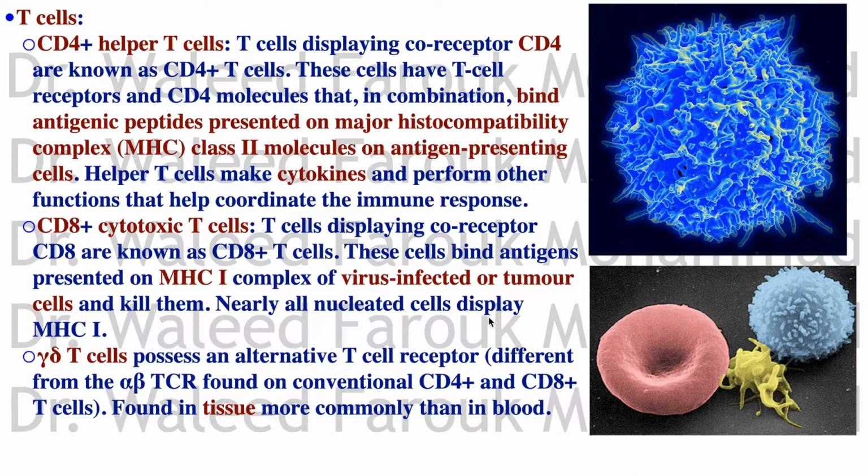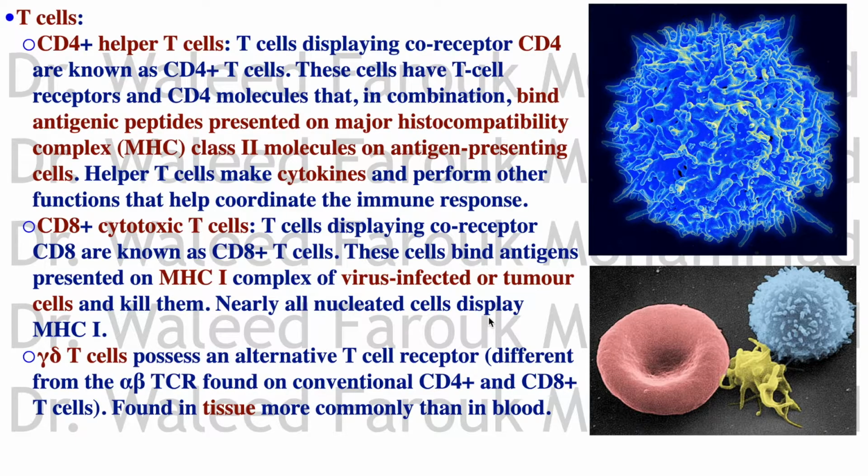While the T cells, on the other hand, can be divided into helper T cells, cytotoxic T cells, and gamma and delta T cells. The CD4 helper T cells are cells that express the receptor CD4, and this receptor is able to bind antigenic peptides presented on the major histocompatibility complex class 2 cells.